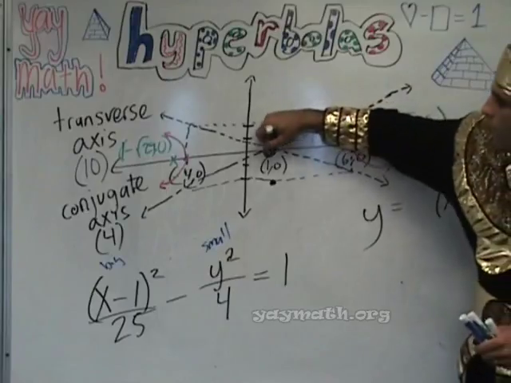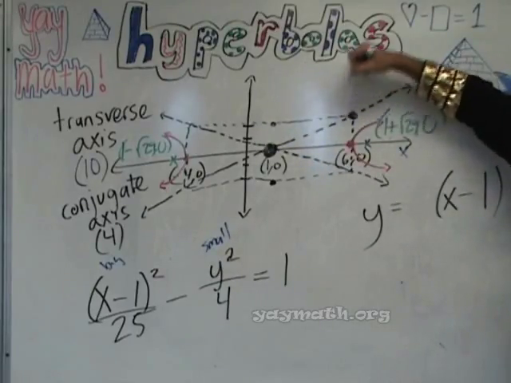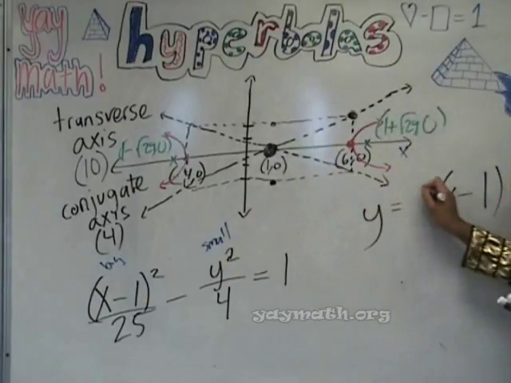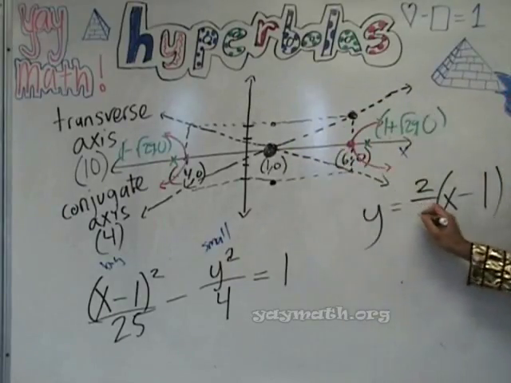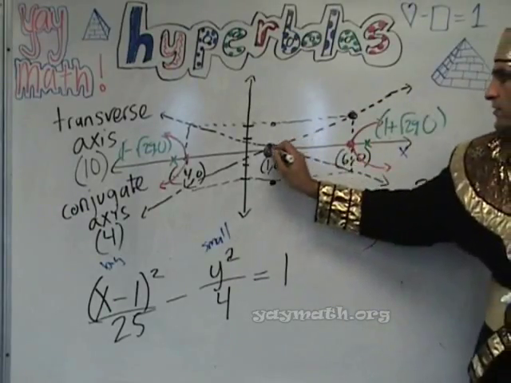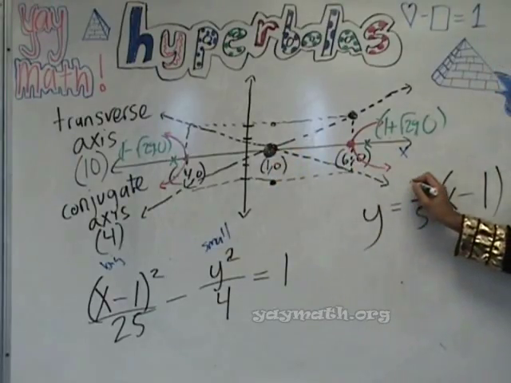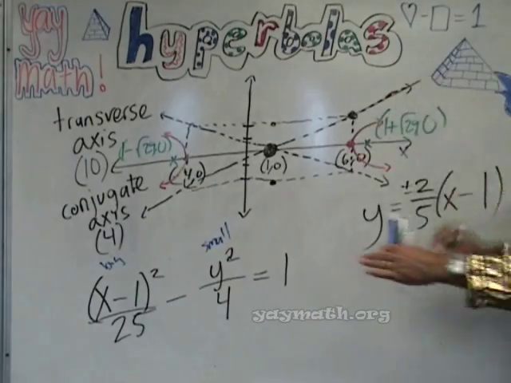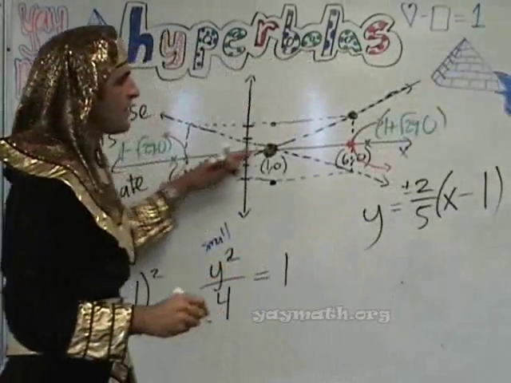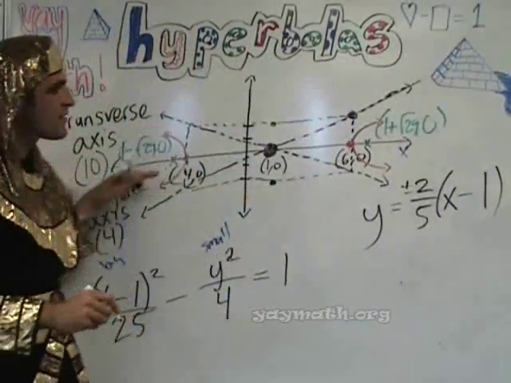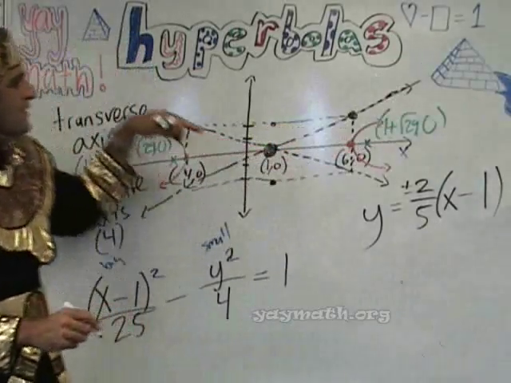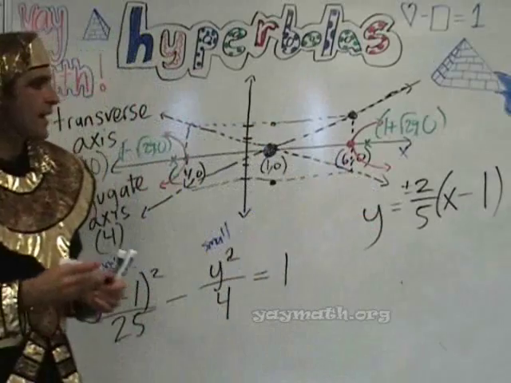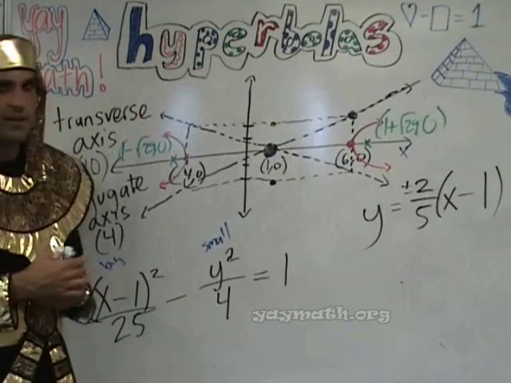Slope, going from this point to the corner, up and over. How far up? 2. How far over? 5. So this is also down 2 to the right 5, so we can make this slope plus or minus. This is the positive slope going left to right, like a stock market going up. That's how you can tell positive lines. And this is a negative slope going down: negative 2 over 5 times x minus 1.